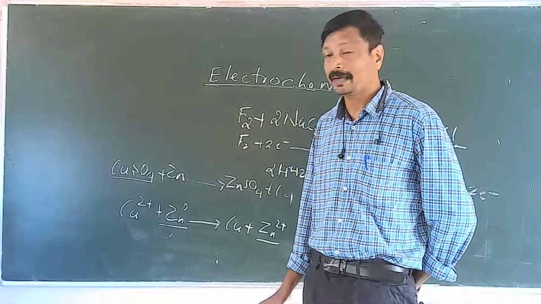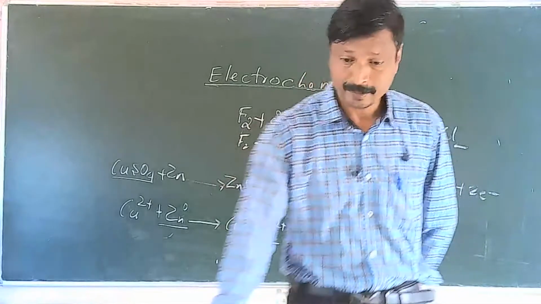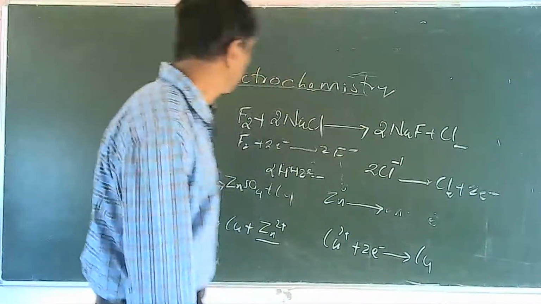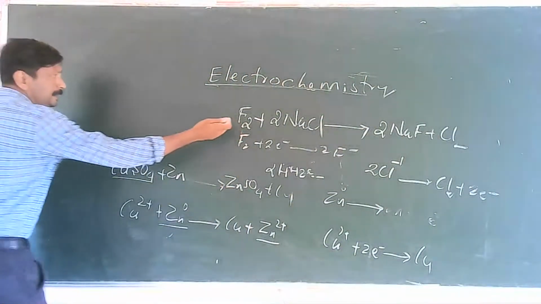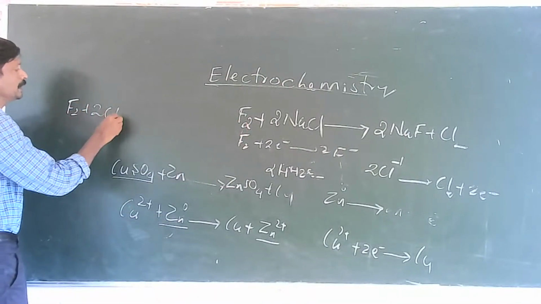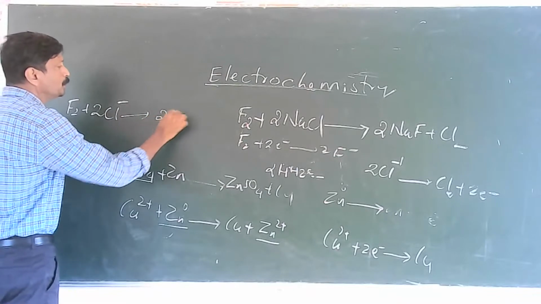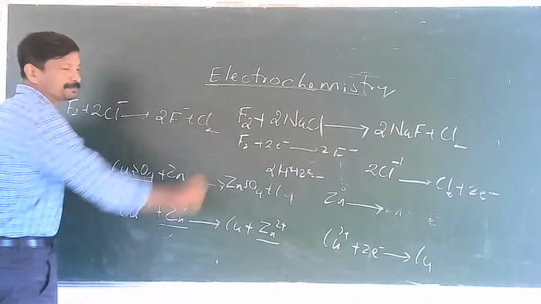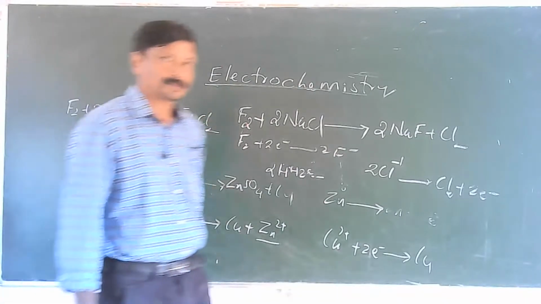So try to learn. Actually, ionic reactions are very easy. I will talk for 1 minute about the ionic reaction. What is an ionic reaction? F2 plus 2Cl minus ion giving rise to 2F minus ion plus Cl2.